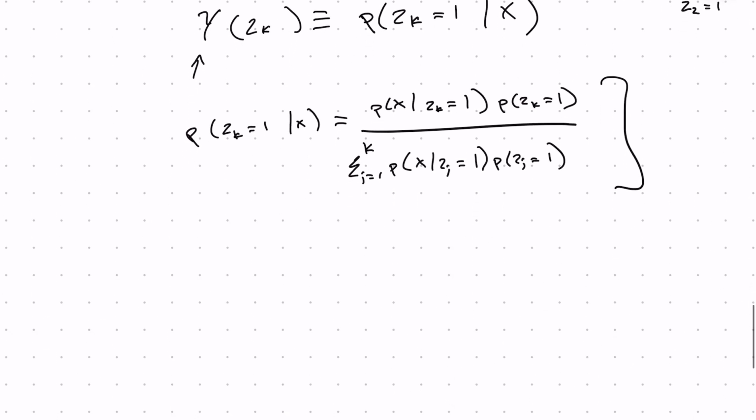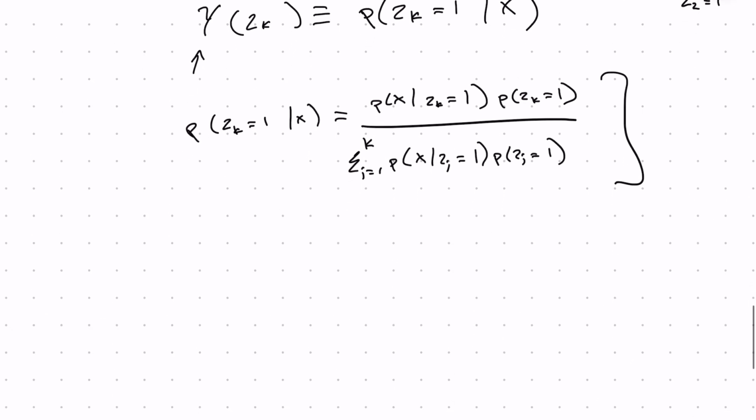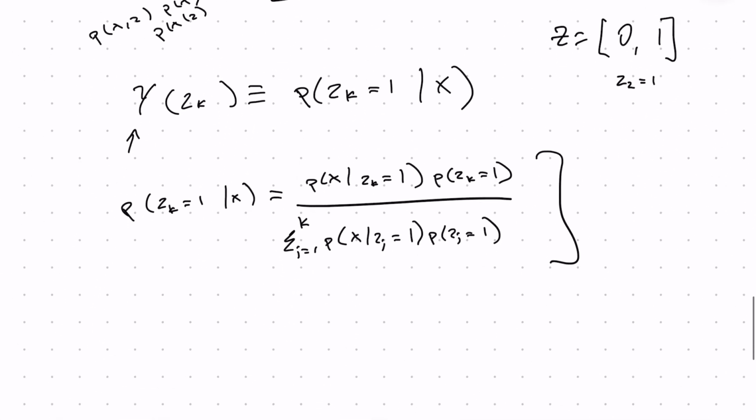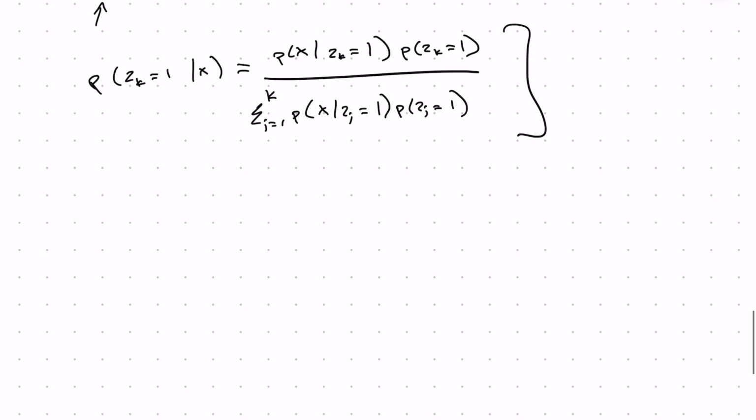So that means that we can compute these posterior responsibilities. We now know how to compute p(x given zk equals 1), we know how to compute p(zk equals 1), and we also know how to compute p(zk equals 1 given x), which is the same thing. People just use this notation of gamma of z.